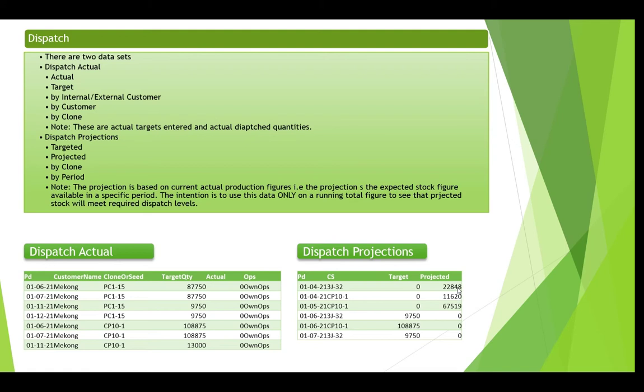Now, these are pure projection levels, so they don't take into consideration things like dispatch and write-offs, but it does take into consideration your general survival percentages. So this data set can be used to have a look at, based on current production levels, are we going to meet future dispatch levels? We'll show you how it works in the actual dashboard.